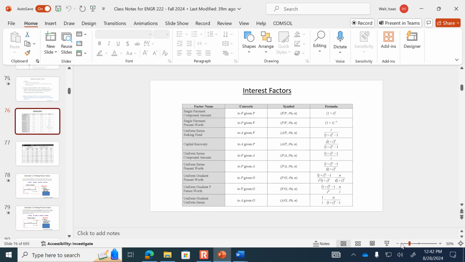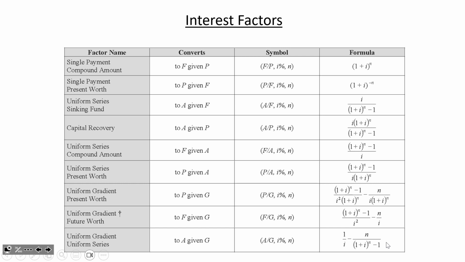Okay, so if we have find A given P, so here's the A slash P. You want to find A, P is the known, A is the unknown. So it is I times (1 plus I) to the power of n divided by (1 plus I) to the n minus 1.